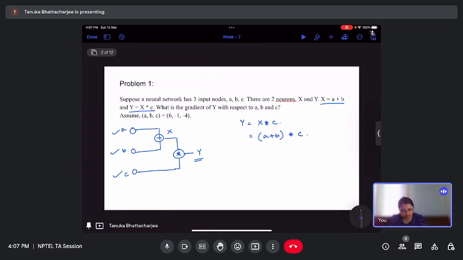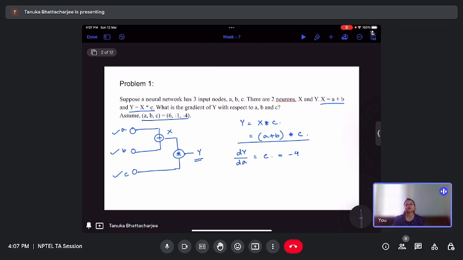So, if you compute, let us say, the gradient of y with respect to A, dy dA, if you take the derivative of this expression with respect to A, you get C, and here it is given that C is minus 4. So, your dy dA is minus 4.